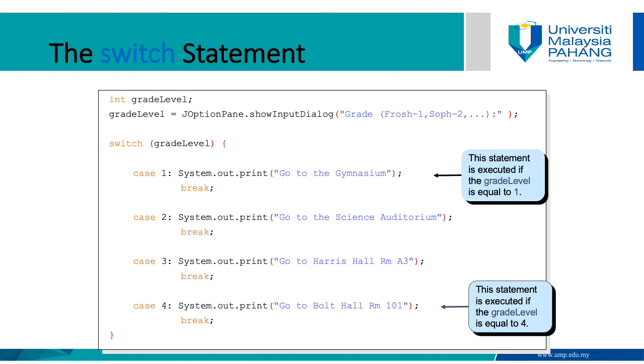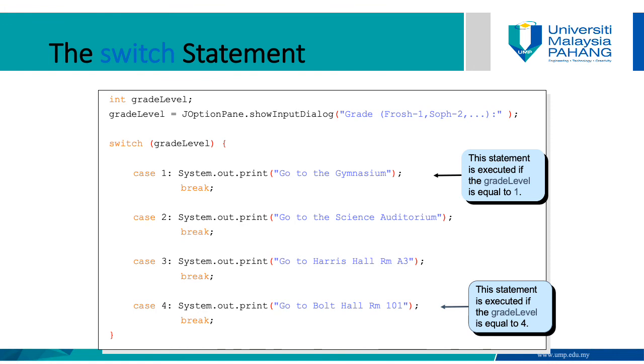The switch statement begins when you write switch, then grade level. So this is where your switch statement begins. The data type for a switch control must be one of the integer data types or character.